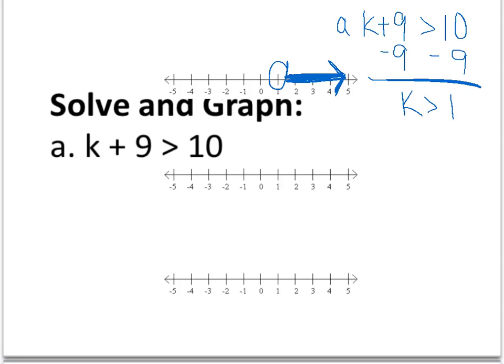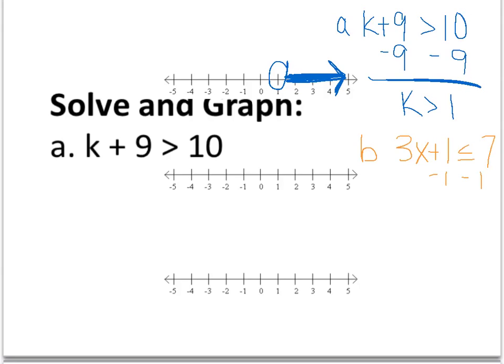The next inequality you had for B was 3x plus 1 is less than or equal to 7. Solve it just like you would a regular equation.